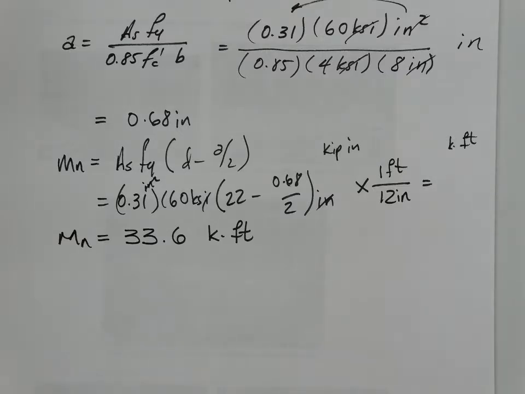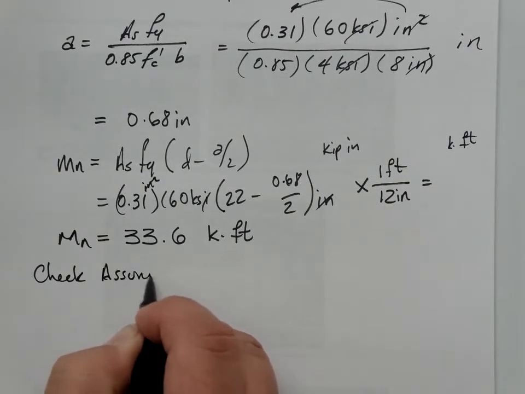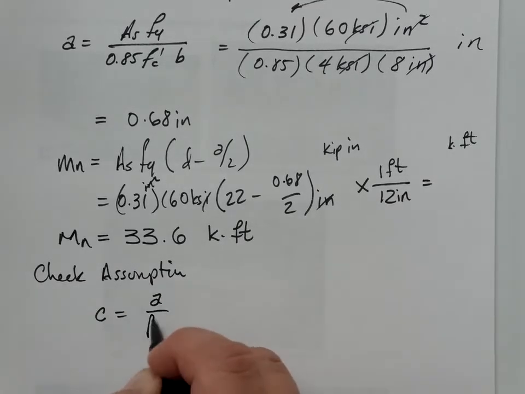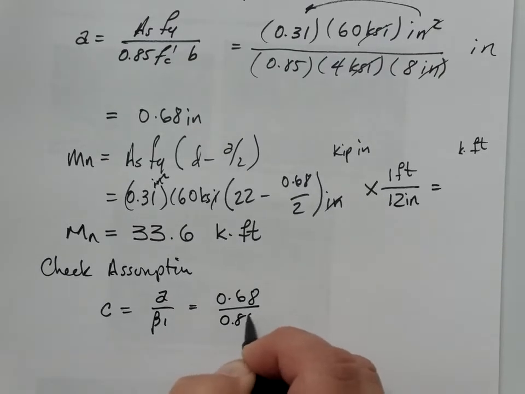You're going to find out when we go to design the beams that the steel isn't available in all the sizes you want anyway. So, what do we have to do last? Check our assumptions. Exactly. So we're going to check that assumption. We know that c is equal to a over beta 1, which is 0.68 divided by 0.85.